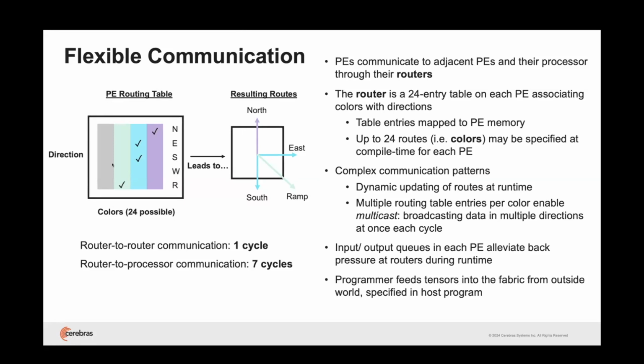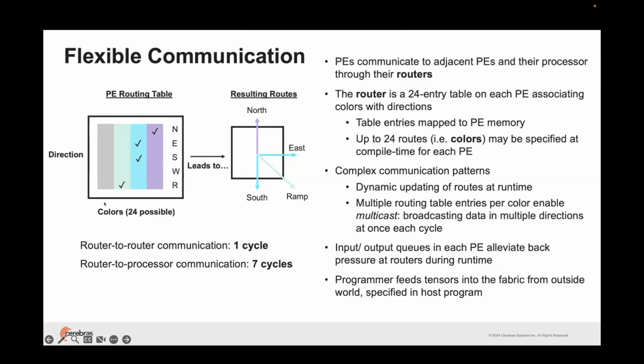A natural next question is, we have all these data wavelets traveling across the fabric. How do we handle when there's a ton of contention for those physical links between processing elements? Say that we have 20 wavelets on multiple colors trying to cross the links and be ingested by a processing element.